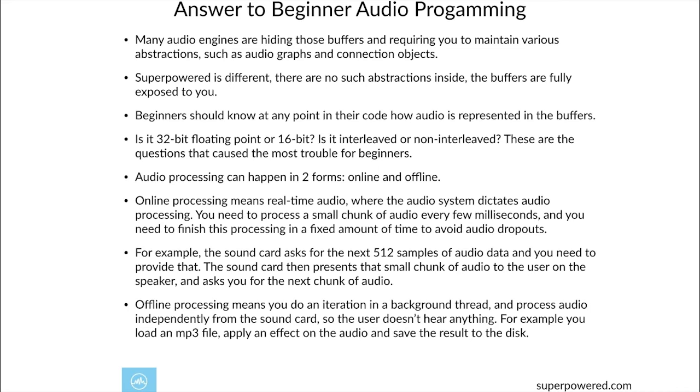More specifically, how data is represented in those buffers. So is it a 32-bit floating point audio or a 16-bit integer? And is the audio interleaved or non-interleaved? So these are the most important questions, and these are the things usually causing troubles for most beginners. You should know at any time what is in your buffers, and if you notice, then implementing or inserting a new Superpowered process method is really easy.